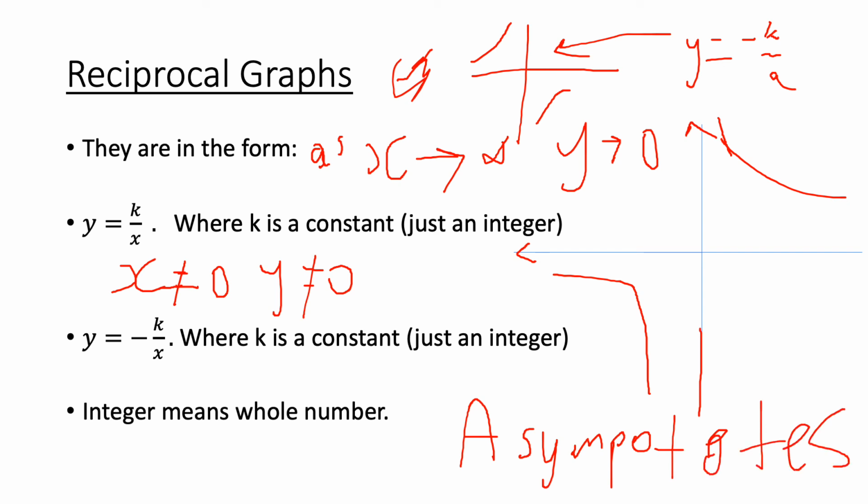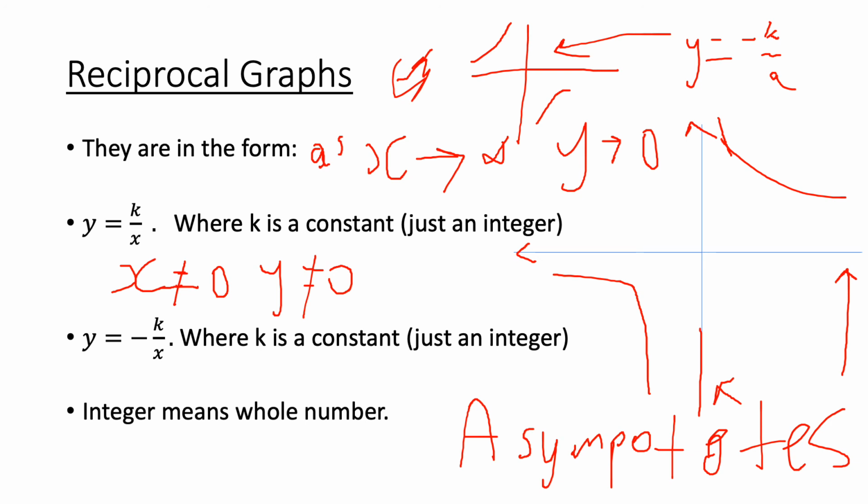The x and y axes are what we call asymptotes. The curve gets closer and closer to the x and y axes, but it never ever touches or crosses them because of that reasoning that x and y can't be equal to 0.